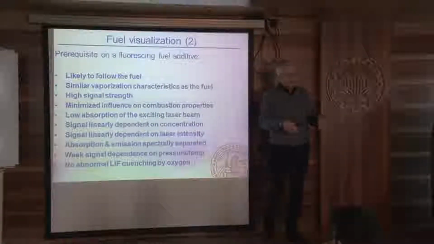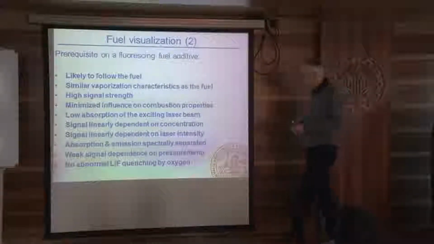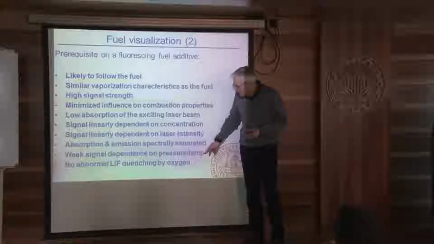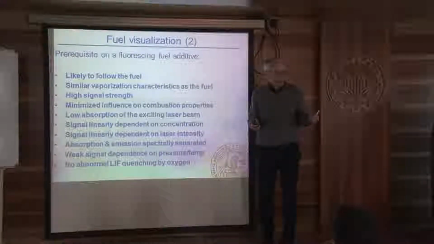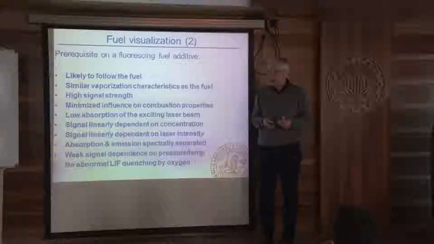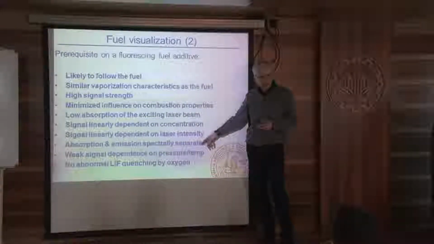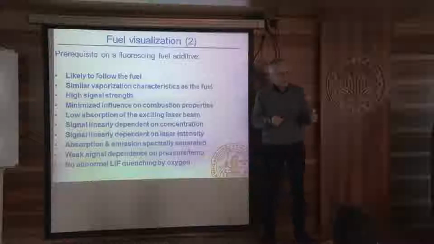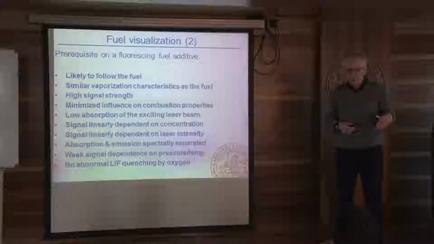We should understand the emission and absorption characteristics. We want a weak dependence on pressure and temperature, and no strange quenching from oxygen. So before applying this in the engine, as I will describe later, we spent a lot of time, more or less a whole PhD, just trying to understand the spectroscopy, the physics of 3-pentanone as a tracer in engine experiments.